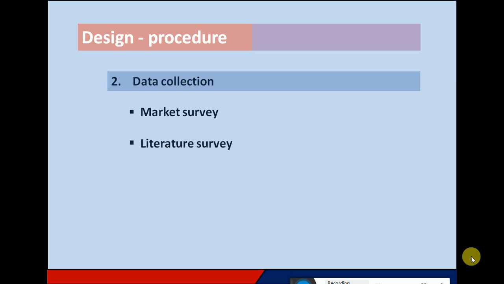We can check the limitations and features of those products. Also sometimes standard parts are required, so we can collect the literature or catalogs of bearings, motors, gearboxes, gears, or any particular materials. Remember that this data collection is a continuous process. At various stages we require different types of data.